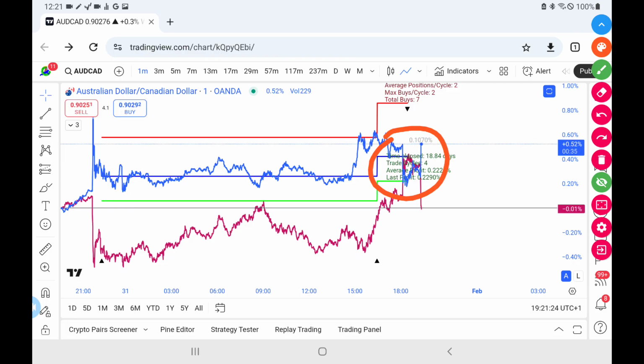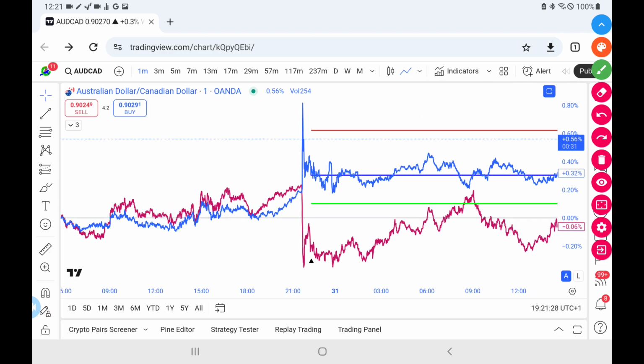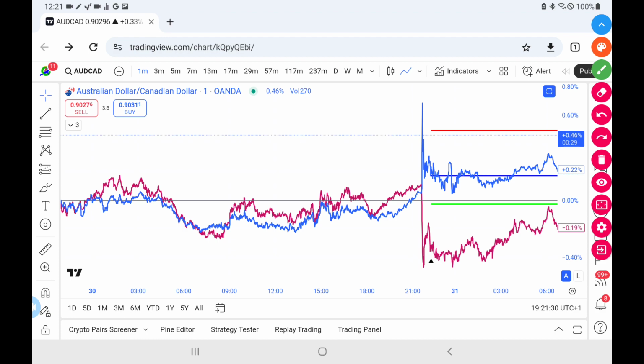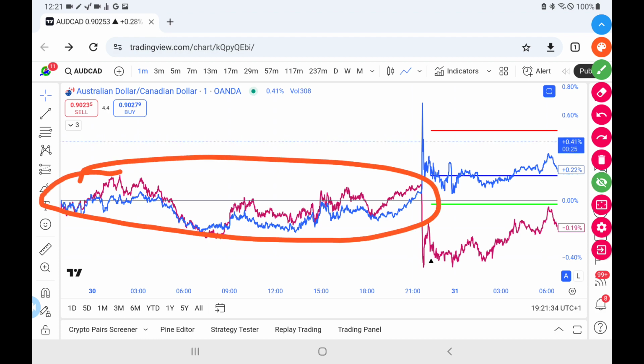Now we look back through the history of this pair a little more, and we can see how much this pair tends to follow prices between each other. The term used to describe this is called correlation. These two pairs, Australian US dollar and Australian Canadian, are correlated.